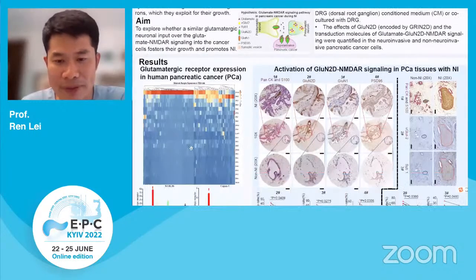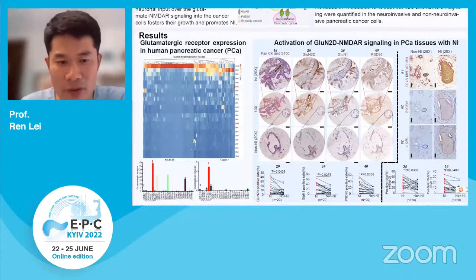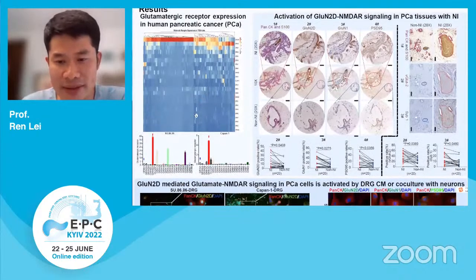So here we first profiled the glutamate receptor profile of human pancreatic cancer in the TCGA and CCLE datasets, and we compared this pattern between the neuro-invasive pancreatic cancer cells and the non-neuro-invasive pancreatic cancer cells, and then we checked their levels by qPCR.